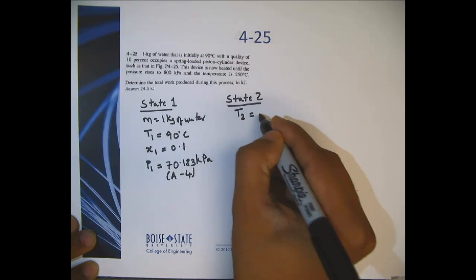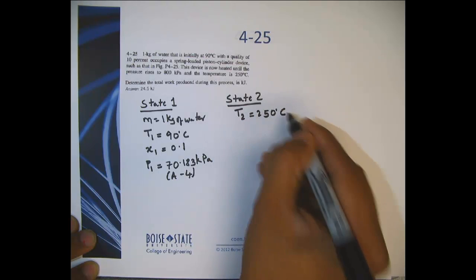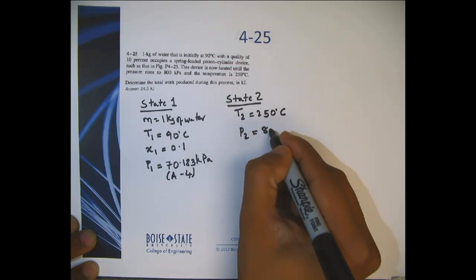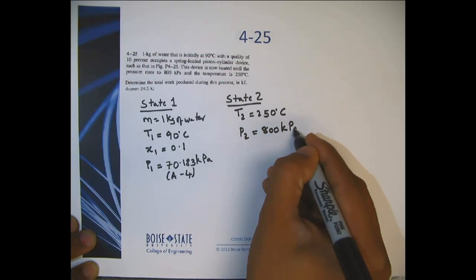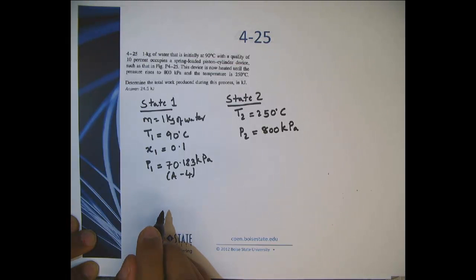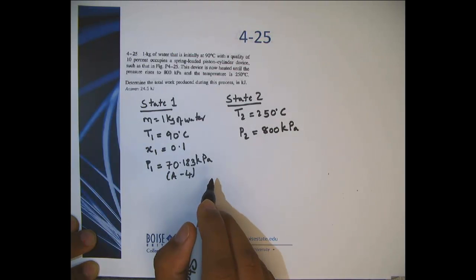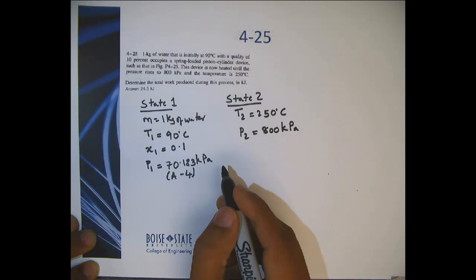Given that the temperature is 250 degrees centigrade and the pressure has risen to 800 kilopascals, now we have to identify the state of this system. Since we are given two intensive properties, we can determine the phase. You can do it a couple of ways.